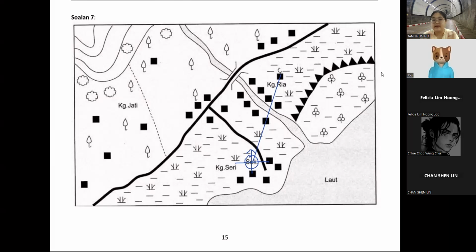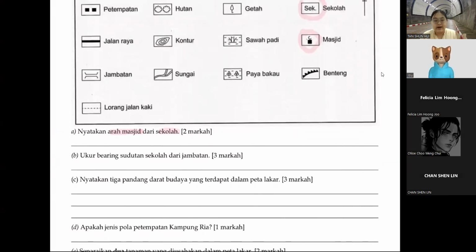Two more people, quickly. One more. Yep. Correct. So you write down your answer, timur laut. Okay, this is an example of how they're normally gonna ask you.